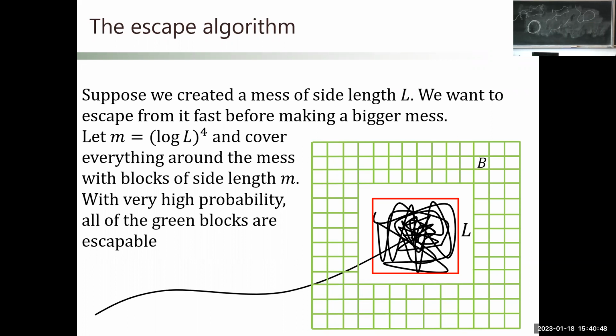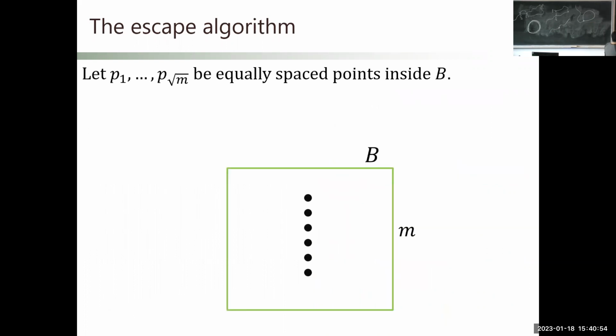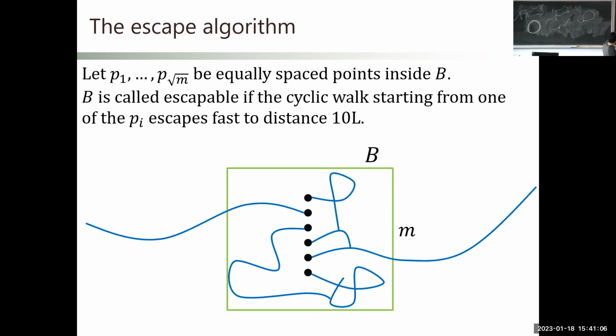Okay, let's define what is escapable. So you want to zoom into one of these little green blocks. And this is what it means to be escapable. So you take root m, let's say this is log L to the 4. You take root m equally spaced points inside the block. And then escapable means that one of the cyclic walks, starting from these starting points, escapes far.